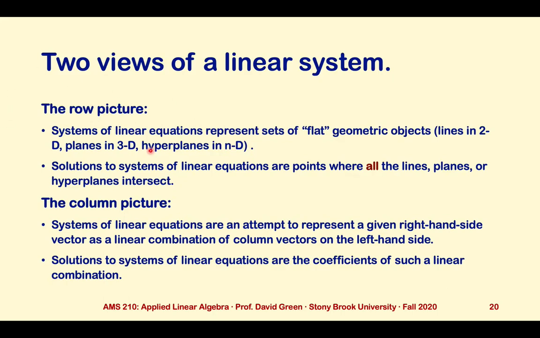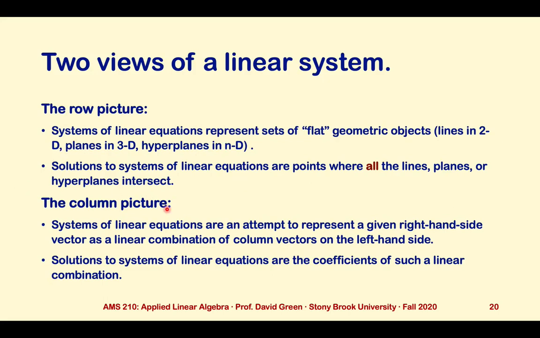We say that because the key way we look at the coefficient matrix is along the rows, reading out the coefficients as a linear equation in the appropriate dimension. This row picture gives us an idea of systems of linear equations being sets of flat geometric objects, and solutions to those systems as being points where all the lines, planes, and so on intersect.